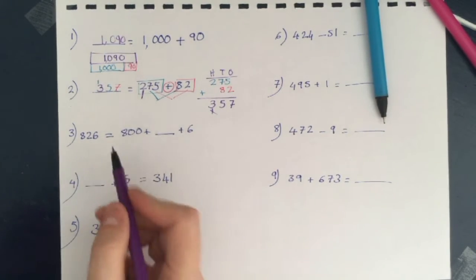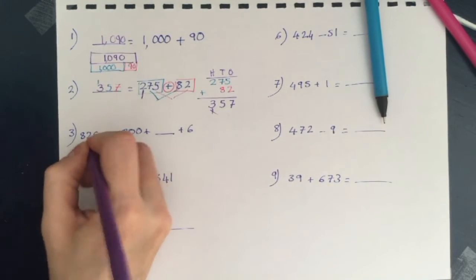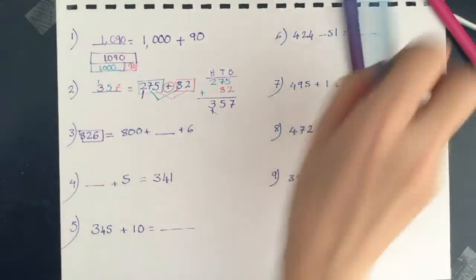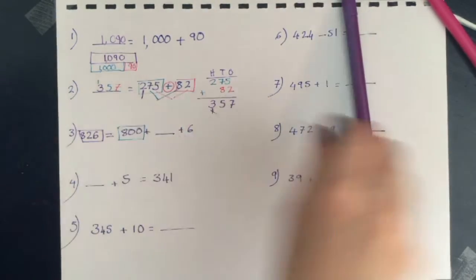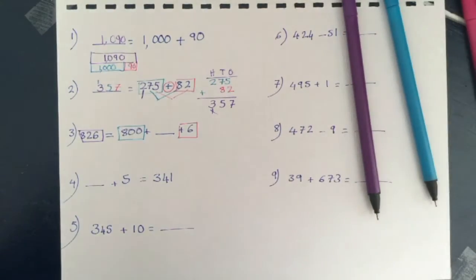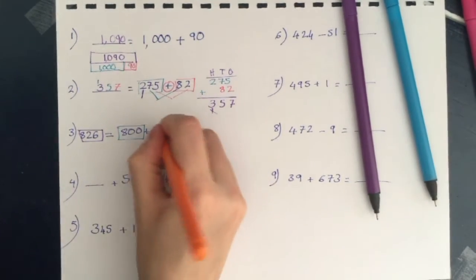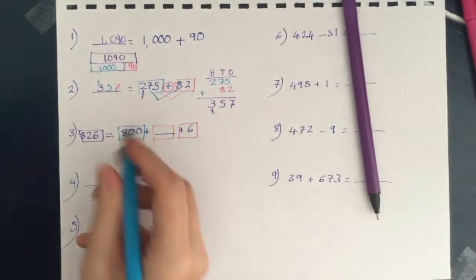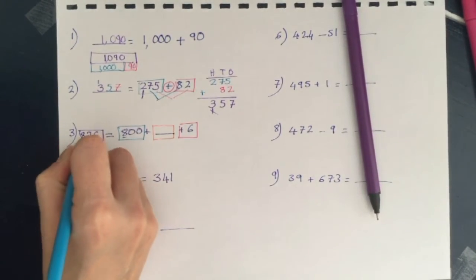Here, what do I have? I have a total made of 3 parts, and straight away I can spot that it is about place value. Okay, I can see the 800s here.